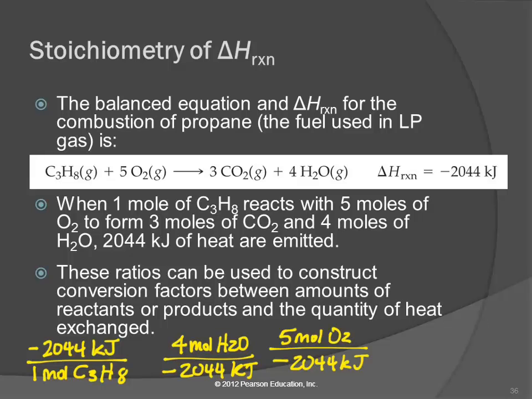You can take that enthalpy and use any of the molar amounts in that equation and form a conversion factor. So if I burned 2 moles of propane, how much energy would be released? Well, we need this conversion factor right here. If I get this much for every 1 mole, then I would multiply by the number of moles, and that would tell me how much heat energy was released.